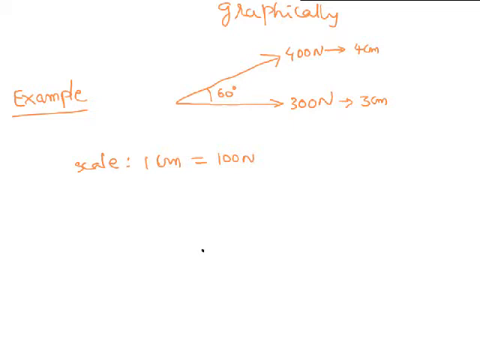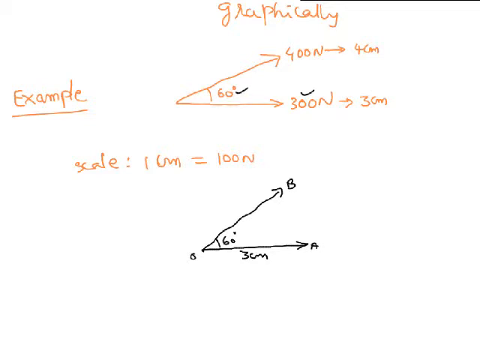We begin with a point O, from where we draw a line OA with a length of 3 centimeters. This line represents the 300 newton force, and then we draw another line making an angle of 60 degrees with OA.